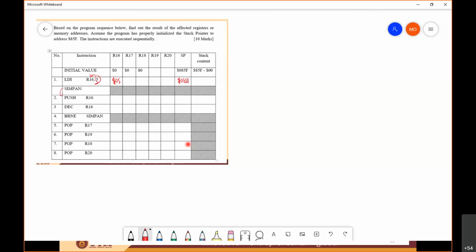Okay, next push R16. What you're going to do now is push the R16 value to your stack.